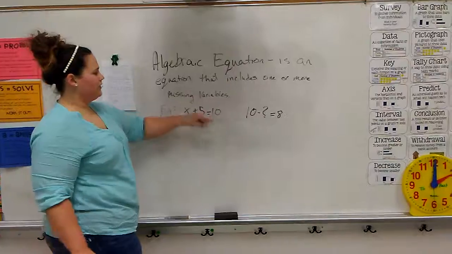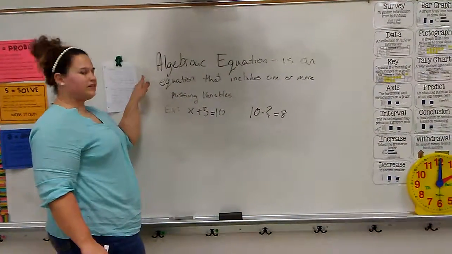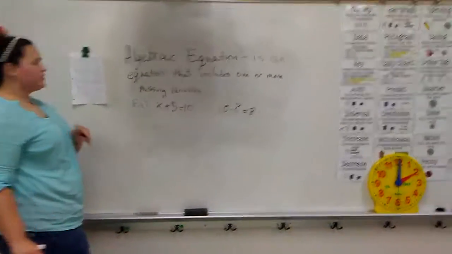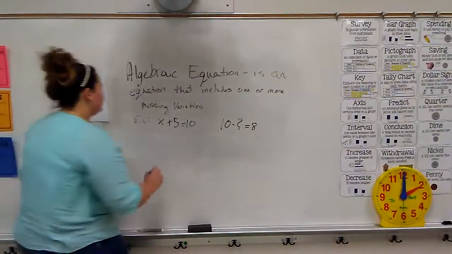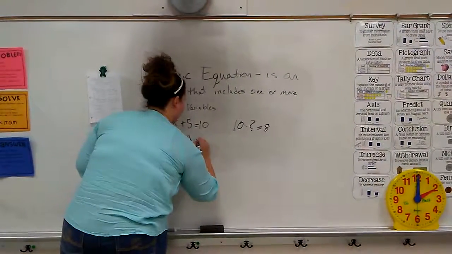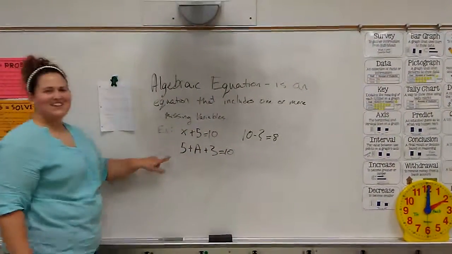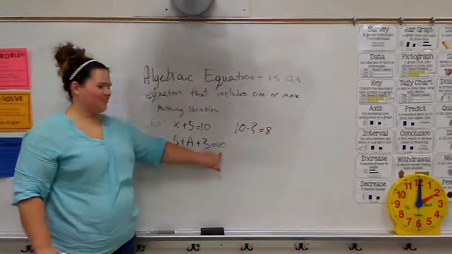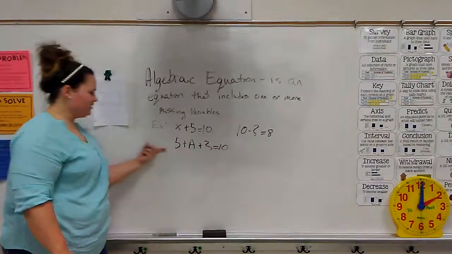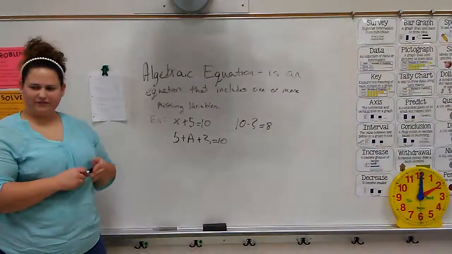Our missing variable in this whole thing is our equation, which creates an algebraic equation. All right, let's do one more example, okay? So 5 plus a plus 3 equals 10. Here's our missing variable, and this whole thing is our equation. Does everybody have that written down?